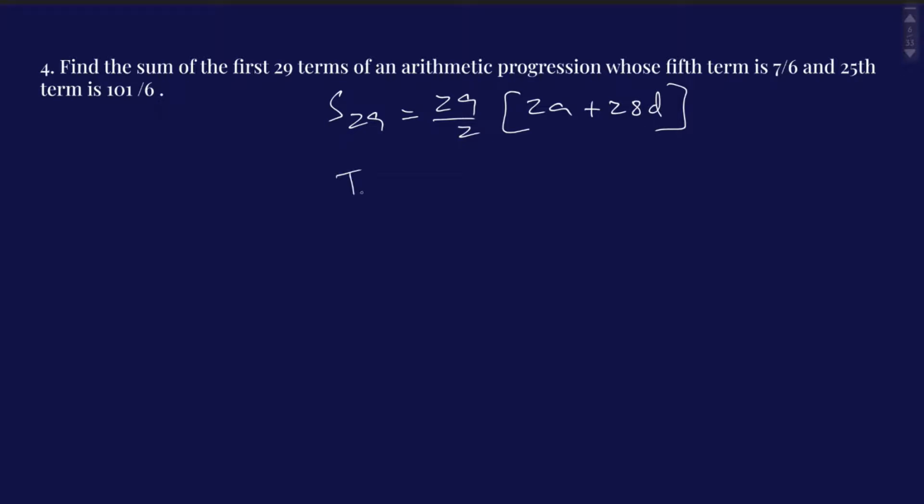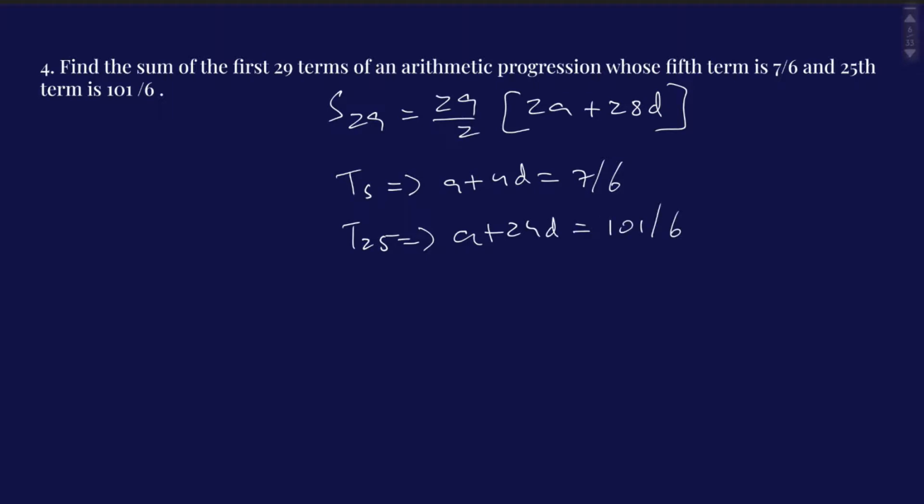What we are given is the fifth term, so it is a plus 4d, which is 7 by 6. Okay, and the 25th term, which is a plus 24d, is equal to 101 by 6.